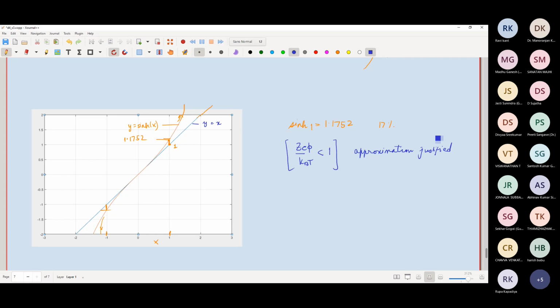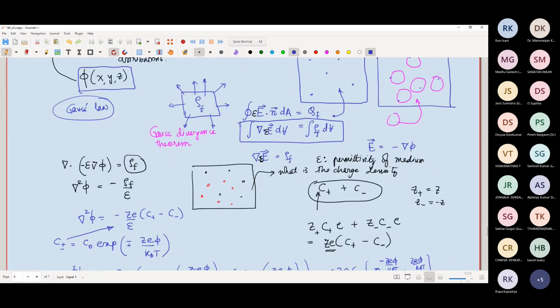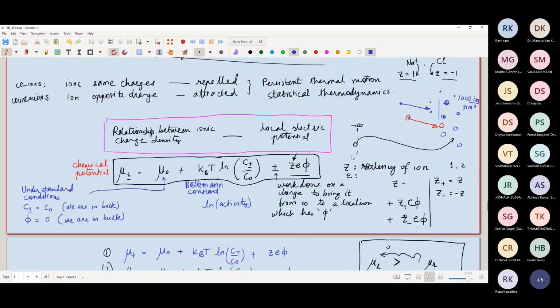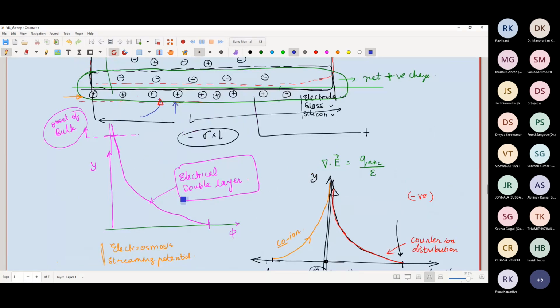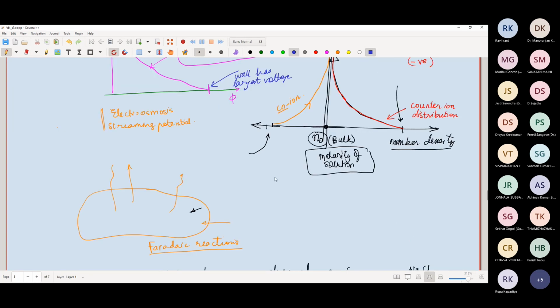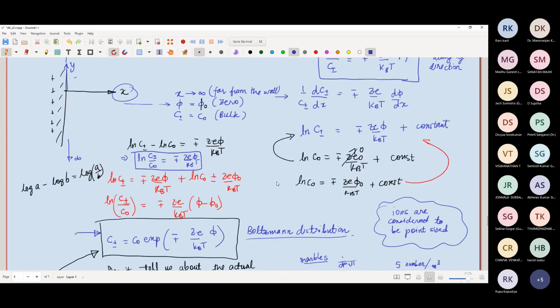But in the domain, the highest magnitude of voltage that we had seen is at the wall. So the electrical potential at the wall has the highest magnitude.